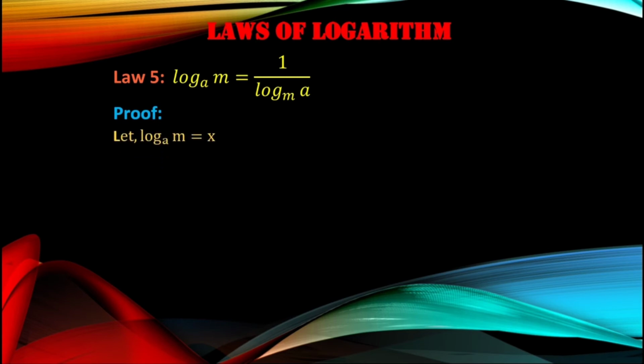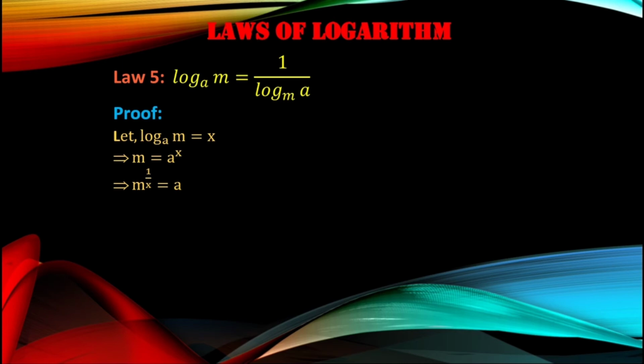Let us again take log of m to the base a as a certain variable x. If we change this logarithmic language into exponential language, we get m equals a to the power of x. This implies m to the power 1 by x equals a. For those who don't know this, suppose we have 4 equals 2 squared.